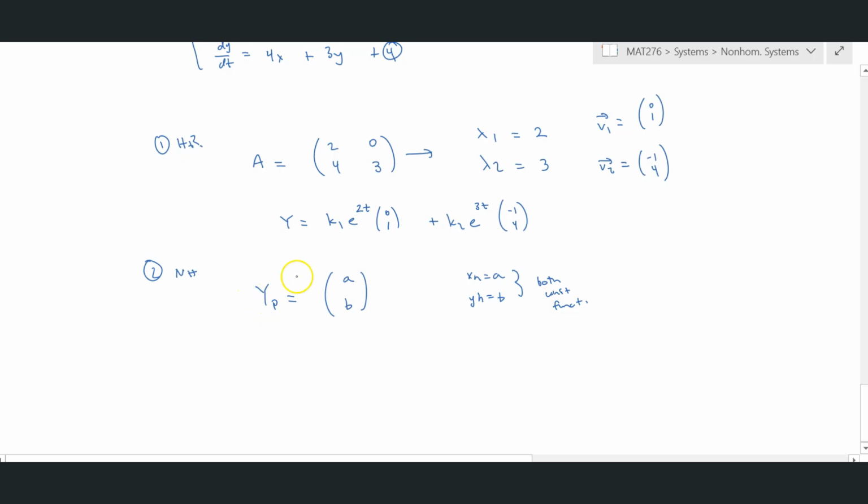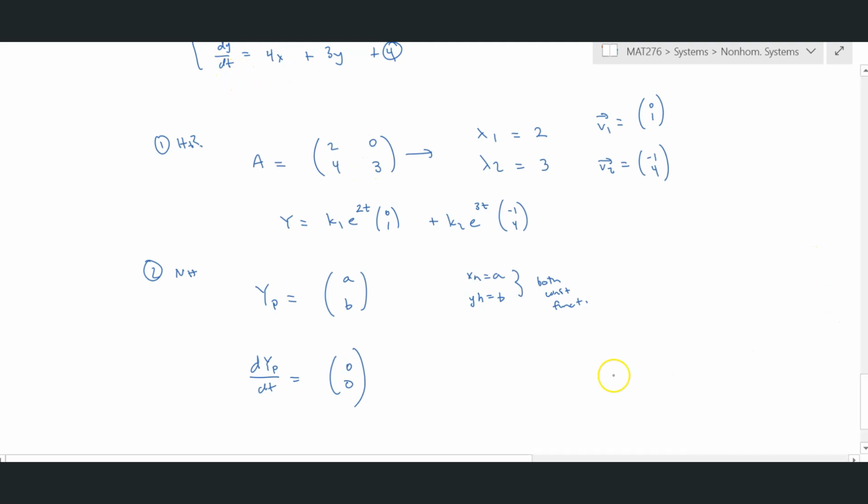So these are both constant functions. And now what I need is, if this is x, I'm going to need the derivative of this function, and the derivative of y sub p will be 0, 0. Okay, so now I get to plug all this stuff back in.